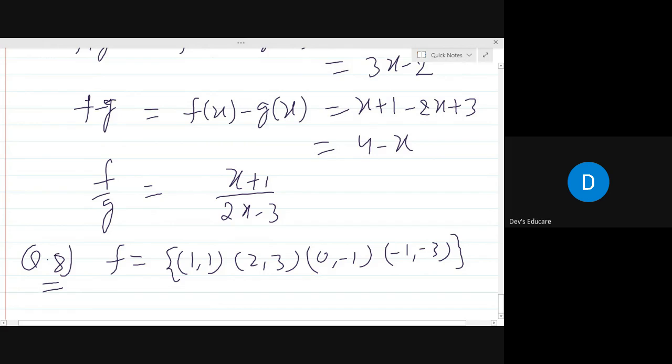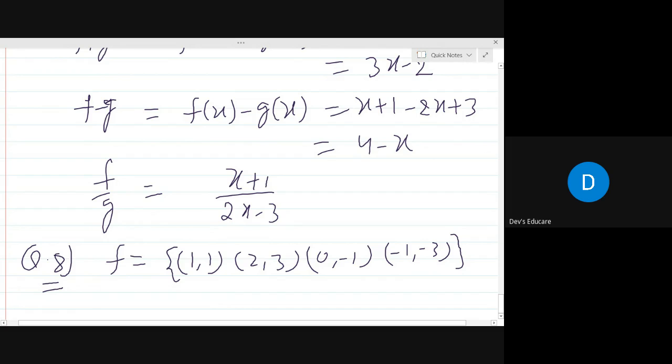It means the domain is also integer and the range is also integer. Domain is always the first element of the ordered pair and the range is always taken as the second element of the ordered pair.